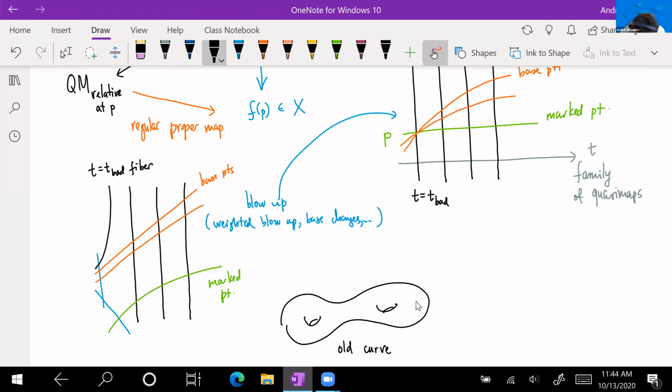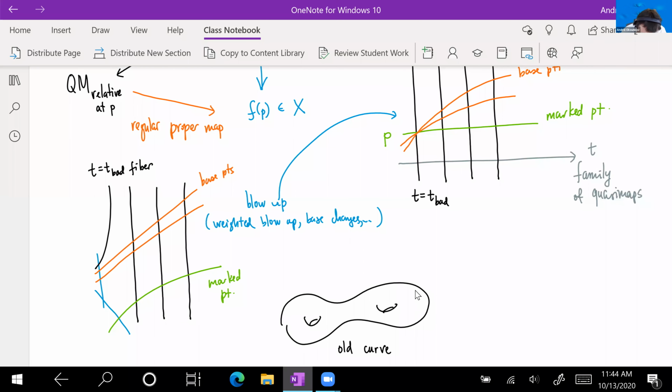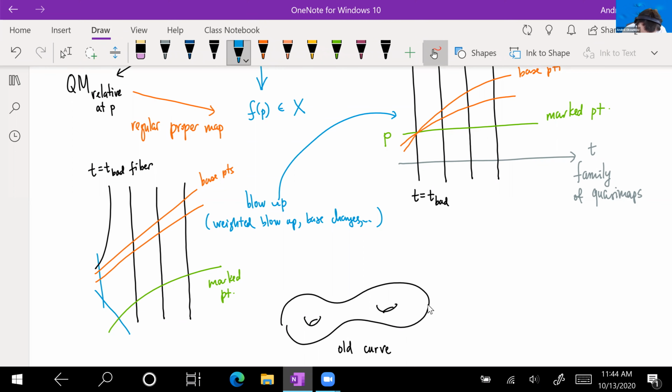And now at the point where I had the mark point, so there's a point where I had it previously, then I have a new, I'm going to get, in this instance, two new bubbles. And they're attached at the point where, this is the point, the previous location of my P. And then my point P escaped here.